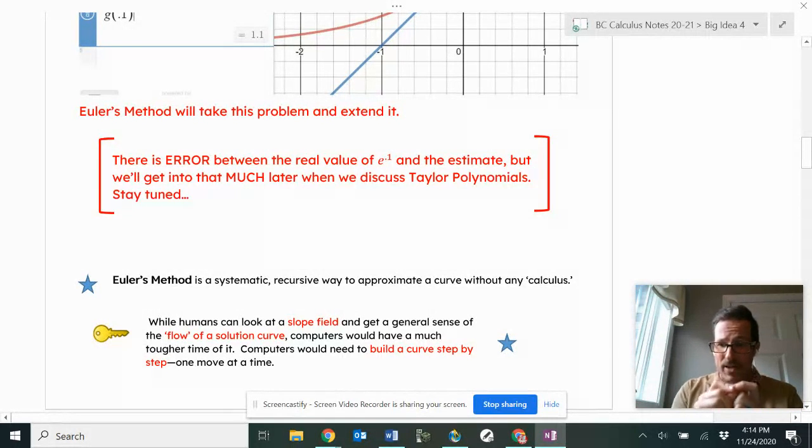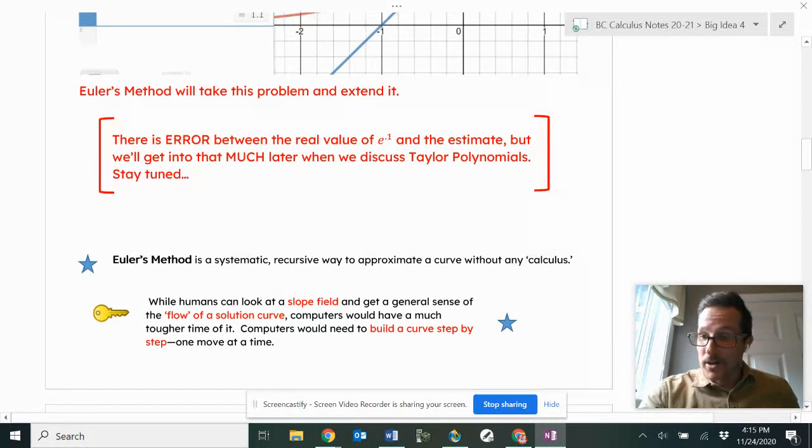It can draw little straight lines that look like a curve, but I'm not a computer scientist, so I don't know if that's actually true. Can computers draw curves? I don't know, don't fact check that. But a computer can only look at the very small part and only move a little bit. It can't look at the big picture. That's all I'm trying to say.